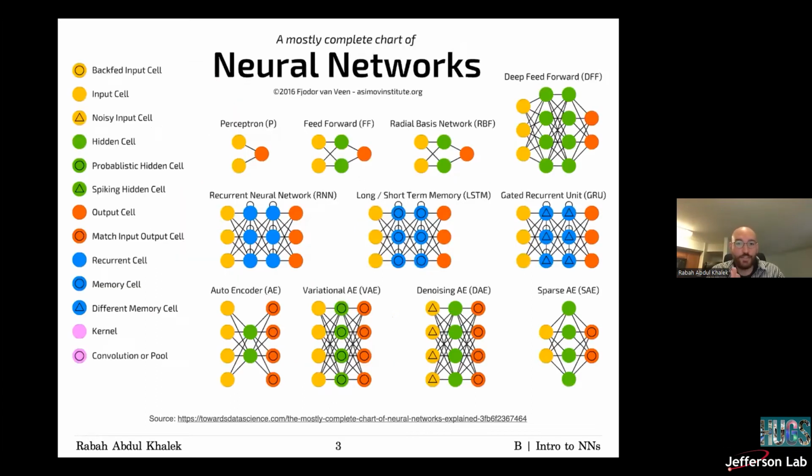Okay, here we dive into neural networks. This is claimed to be the most complete chart of neural networks, and I'm not going to go through them. Most of them I haven't worked with, but just to give you an idea of the large range of applications. Today I'll be talking about feed-forward neural networks, where you give it an input and it propagates in one direction, and it finally gives you an output.